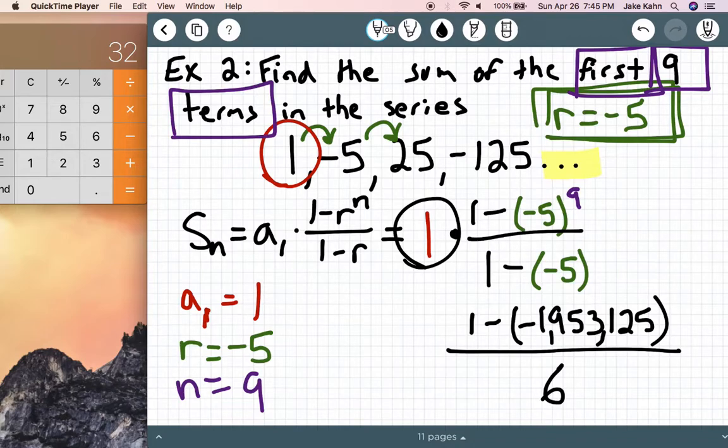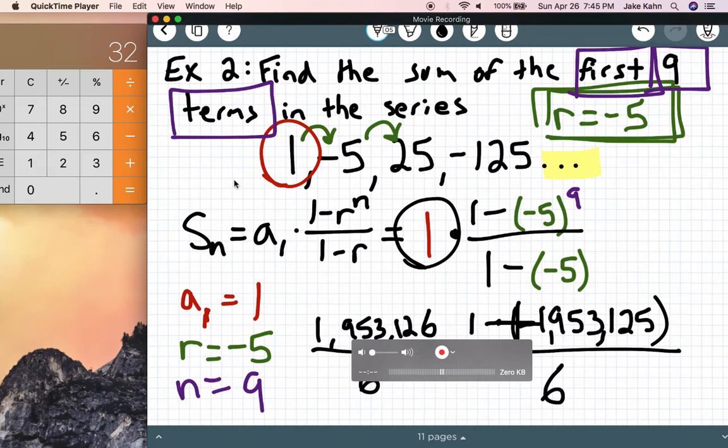So on top, we have 1 minus negative 1,953,125. That changes to a plus sign because of the double negatives, right? This is going to be a plus right here. So on top, you're going to have 1,953,126, we just added 1, divided by 6. Do that division problem in your calculator, and we will arrive at our final answer.